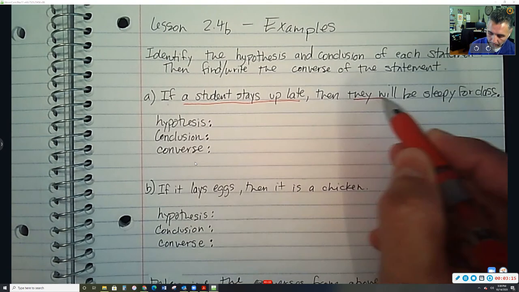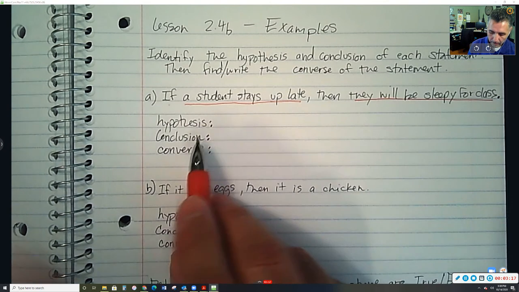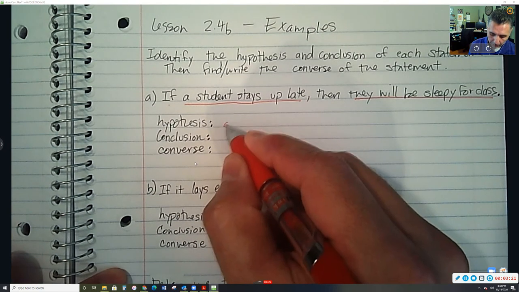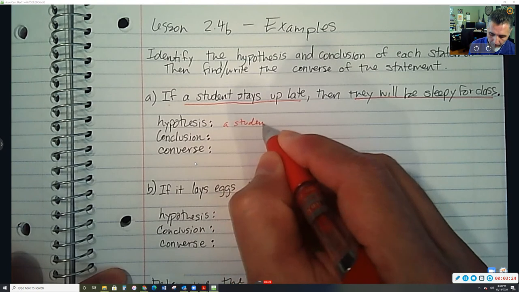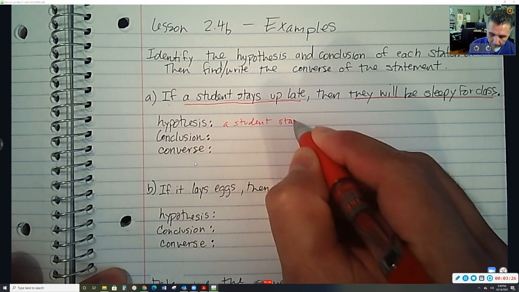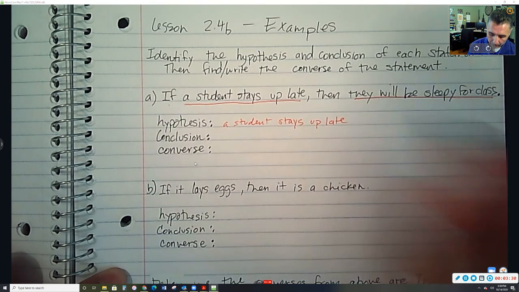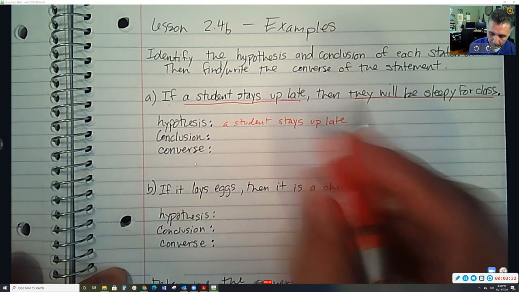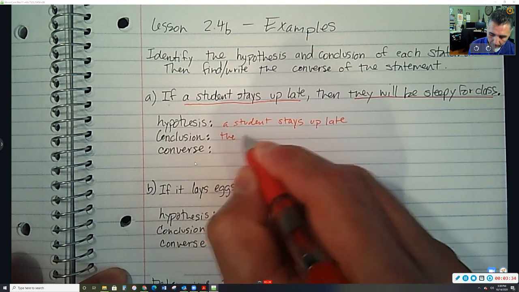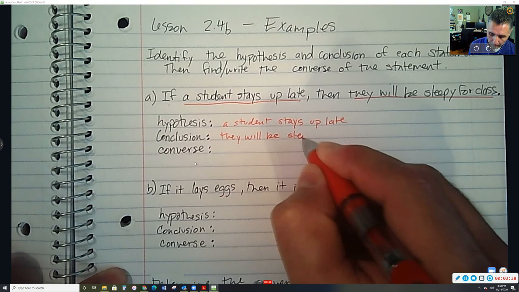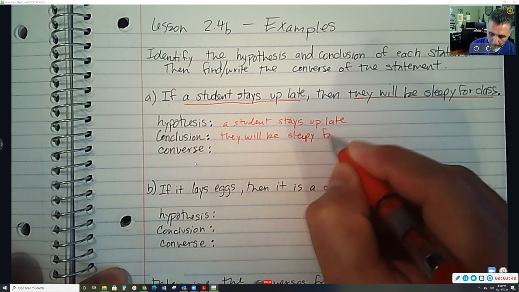And then the conclusion is always after then. So the hypothesis here would be a student stays up late, and the conclusion would be they will be sleepy for class.